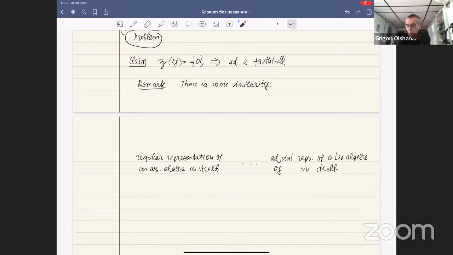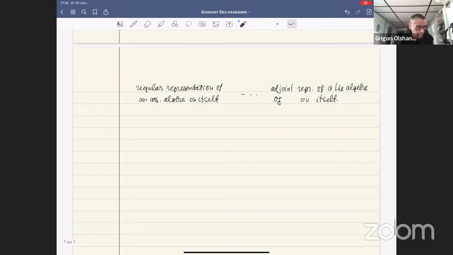Now I have time to come to the next topic. This is the universal enveloping algebra. So assume, let me give the definition in the case that our Lie algebra G is finite dimensional.